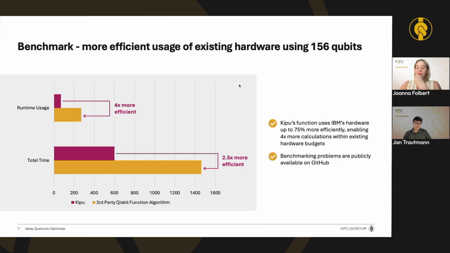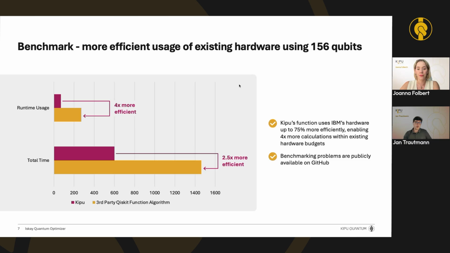And because the workload of solving this optimization problem is on the quantum device and not on the classical side, we can also use a lot less classical CPU power, resulting in a total reduction of time to solution, where we are 2 times more efficient.